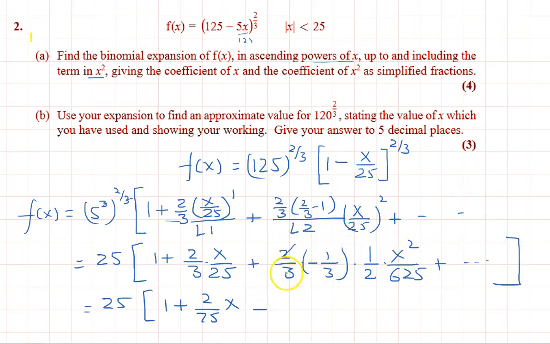This is 2 and 2 can be cancelled, and 625 multiplied by 3, so x square over 625 multiplied by 3, plus, and so on.